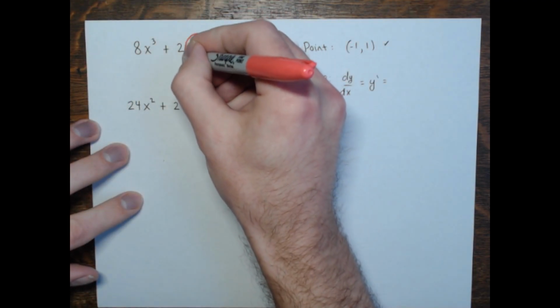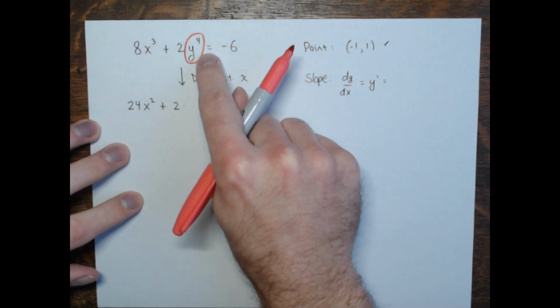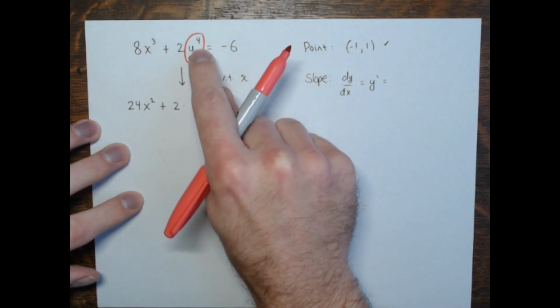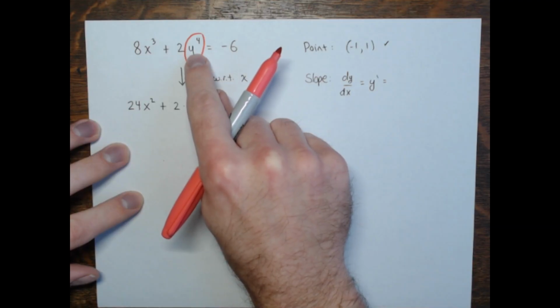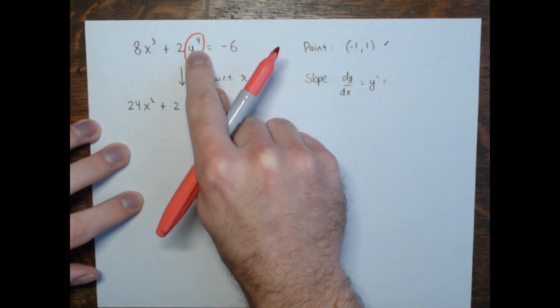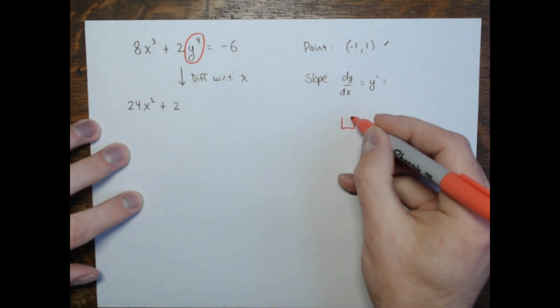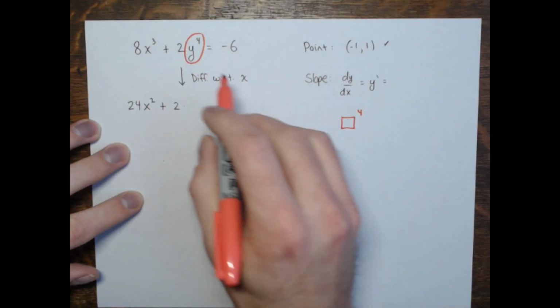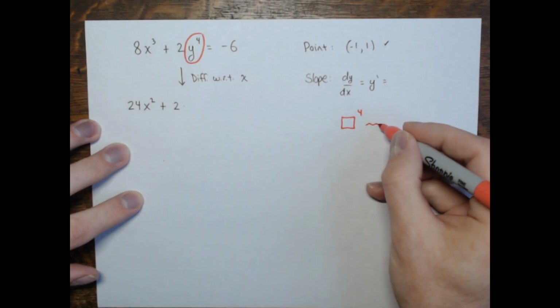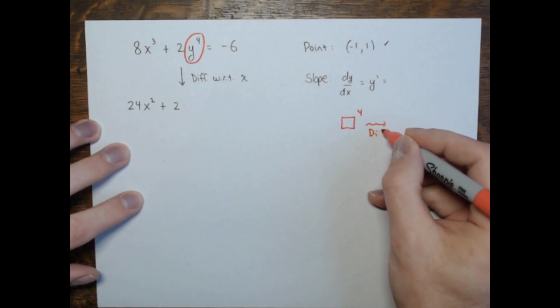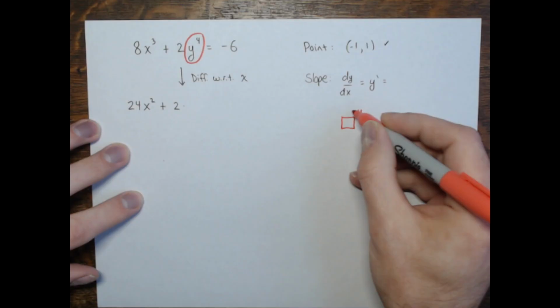y to the fourth here is like in the previous problem with the ellipse. Remember, y is something with x's in it. So I've got some function of x to the fourth power going on here. So when I differentiate, I have to use the chain rule.